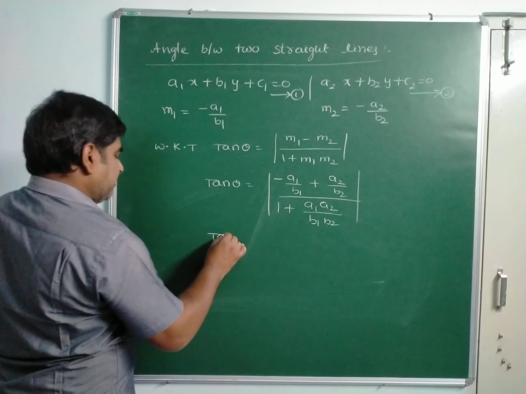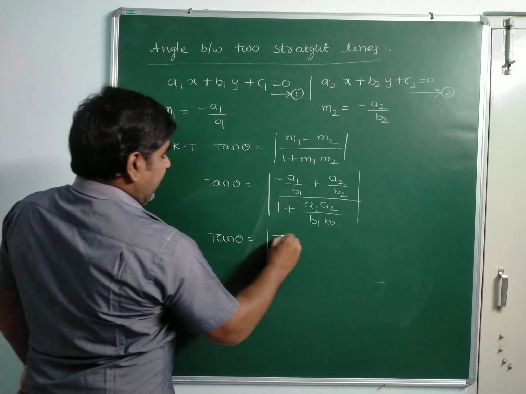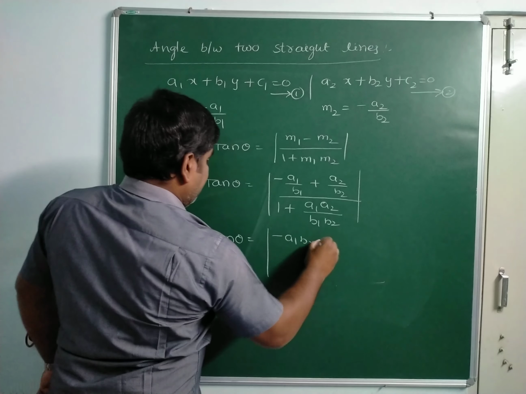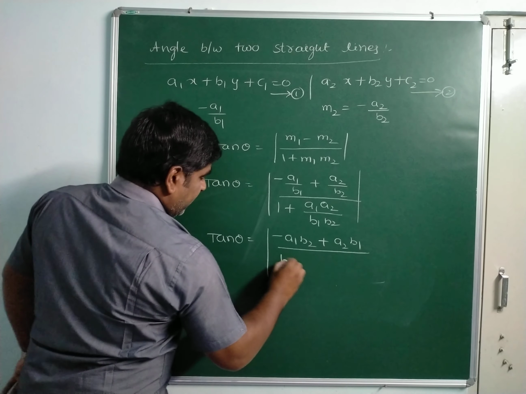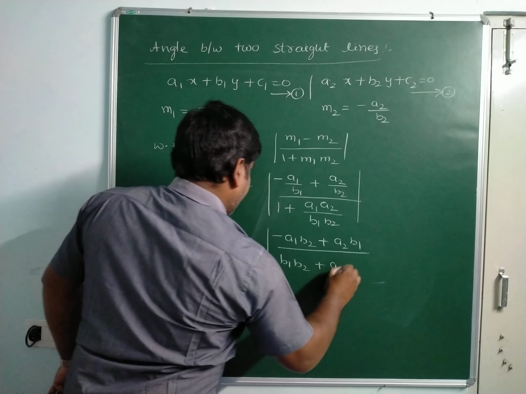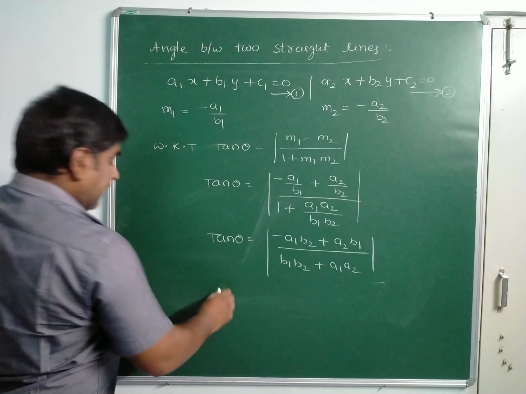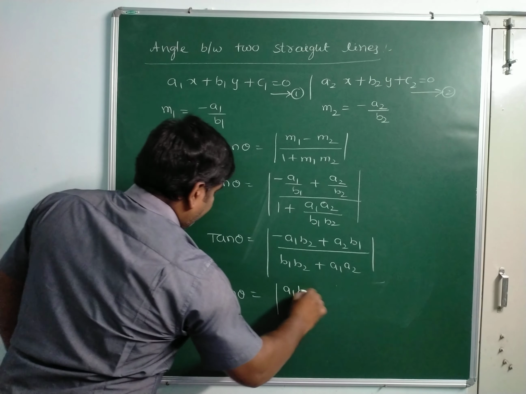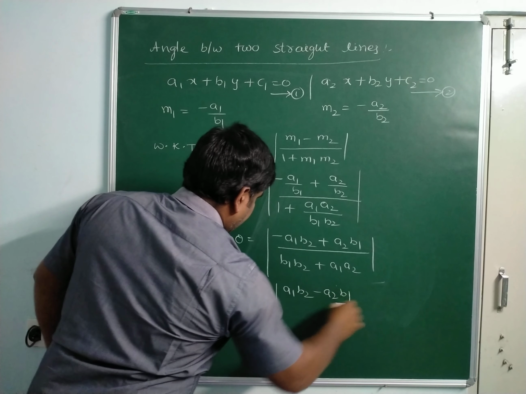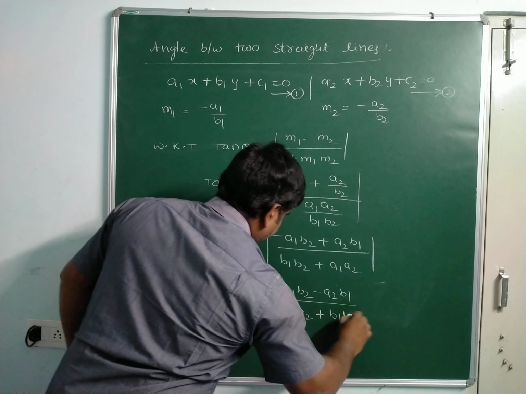So tan theta equals modulus of, taking the LCM, (minus a1 b2 plus a2 b1) by (b1 b2 plus a1 a2). Therefore tan theta equals modulus of (a1 b2 minus a2 b1) by (a1 a2 plus b1 b2).